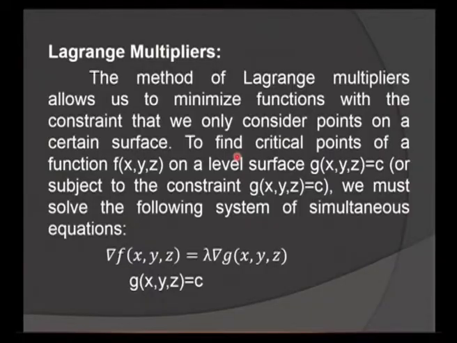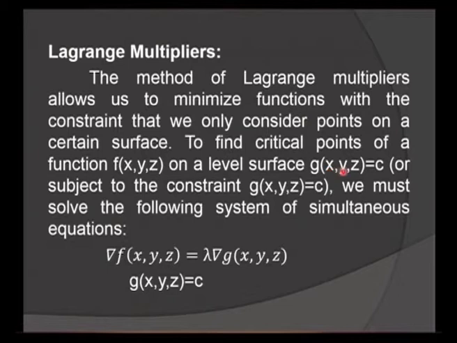So Lagrange multiplier allows us to minimize functions with the constraints that we only consider points on a certain surface. To find the critical points of a function f of x, y, z on a level surface g of x, y, z is equal to c.